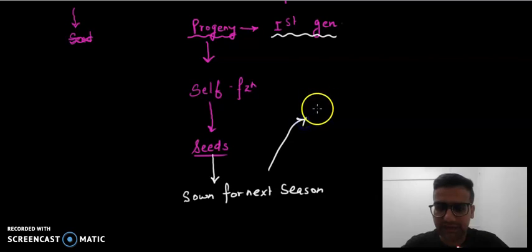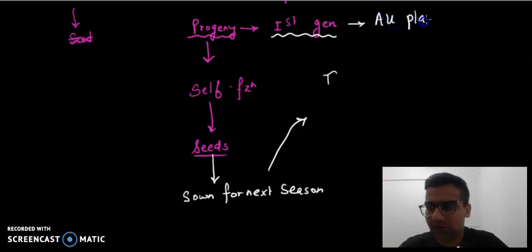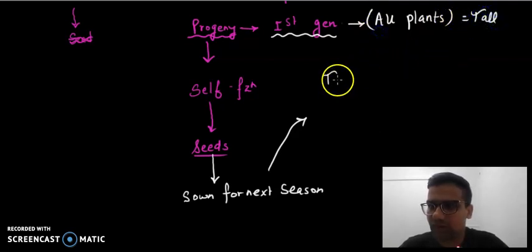And the results were collected. What he observed was a mixed variety of plants. In the first progeny, all plants were tall. Whereas the second generation was a mix of tall plants and dwarf plants.